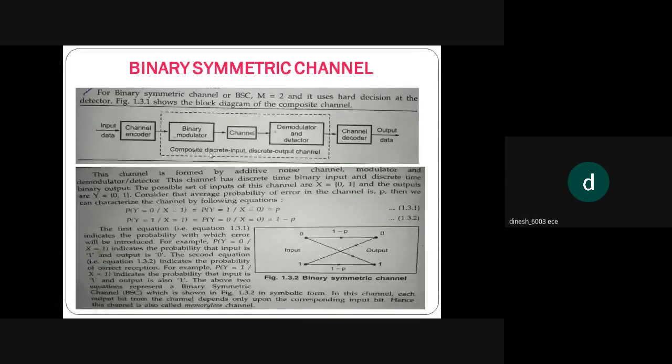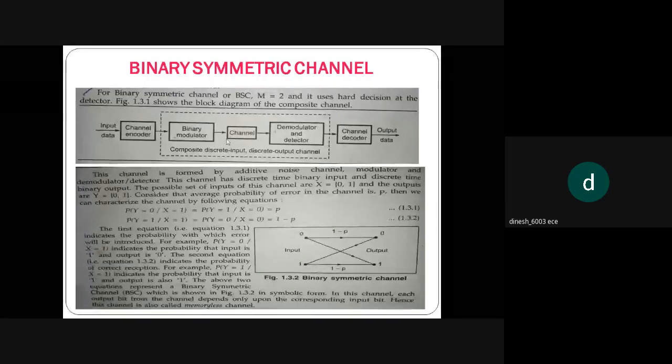Now, why do we call it symmetric? The word symmetric arises from the fact that if each output bit from the channel depends only upon the input bit, we call it symmetric.